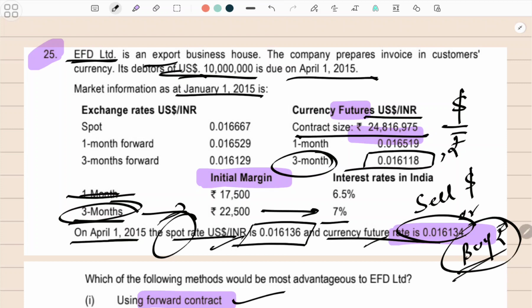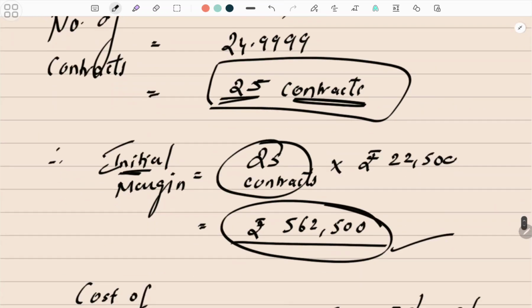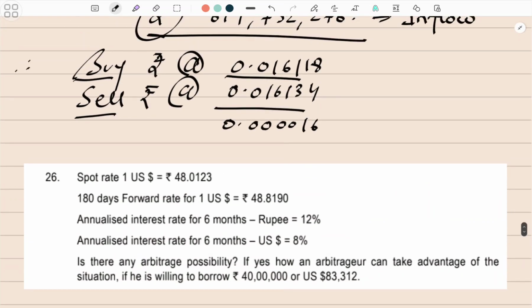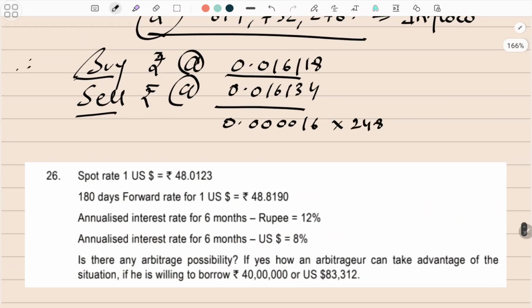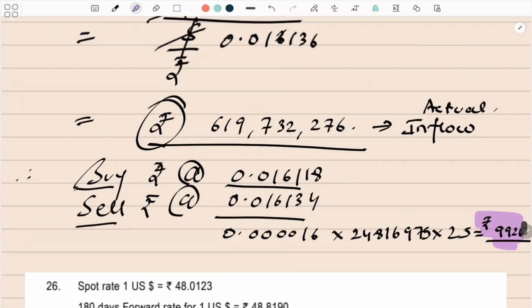Okay, so contract size is 24,816,975, and into 25. This gives me 9926 what? Rupee. So this is my profit on currency future at expiry. This is my profit. So this is an inflow.